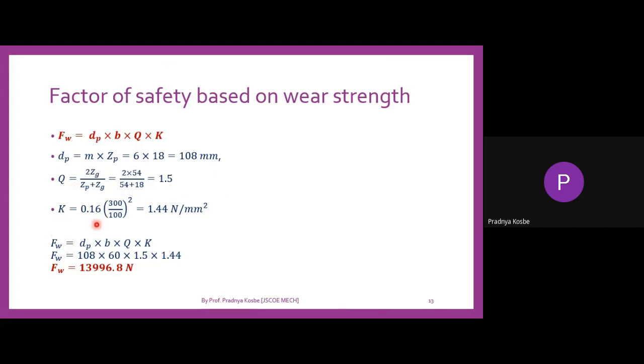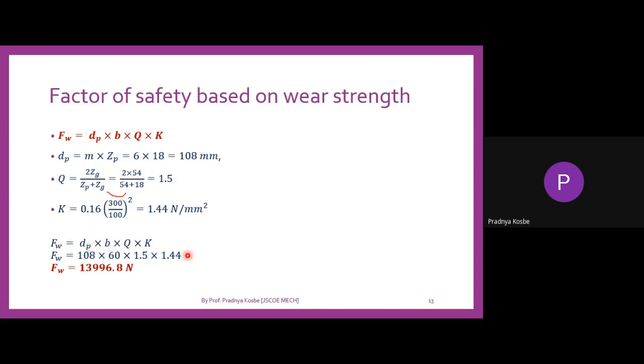And K is the load stress factor, it is 0.16 (BHN/100) squared. What is the value of BHN in the problem statement? It is 300. So put that value of BHN, correct? 300. So K is equal to 1.44 Newton per mm square. Put the values.